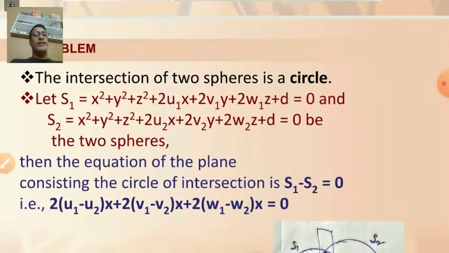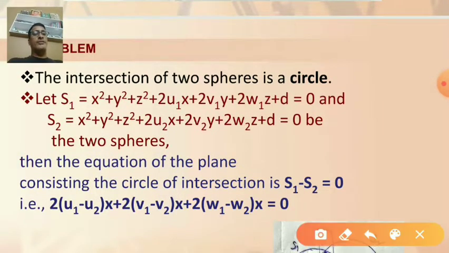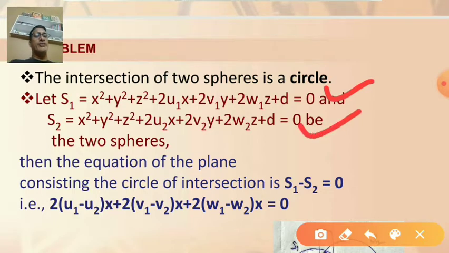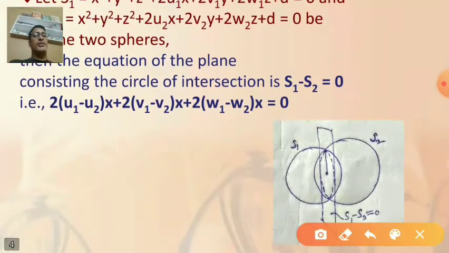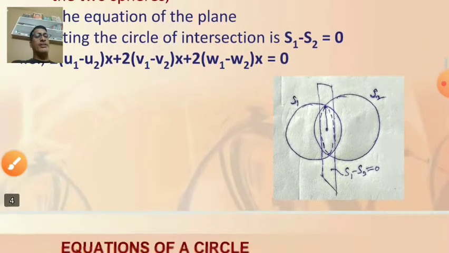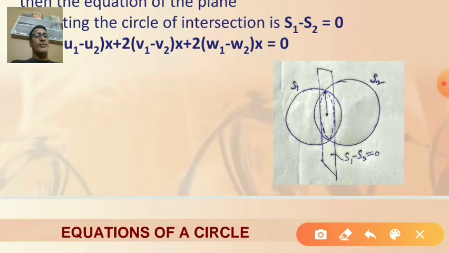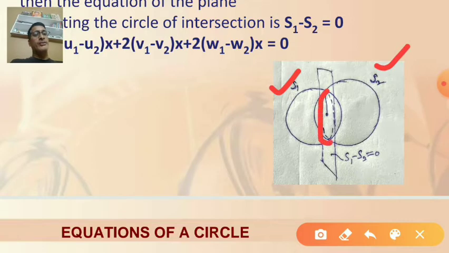So whenever you are given two equations of two spheres, S1 equal to 0 and S2 equal to 0, then the intersection of these two spheres is also a circle, as shown in the figure. Suppose S1 is a sphere and S2 is a sphere. The intersection of these two spheres is also a circle.